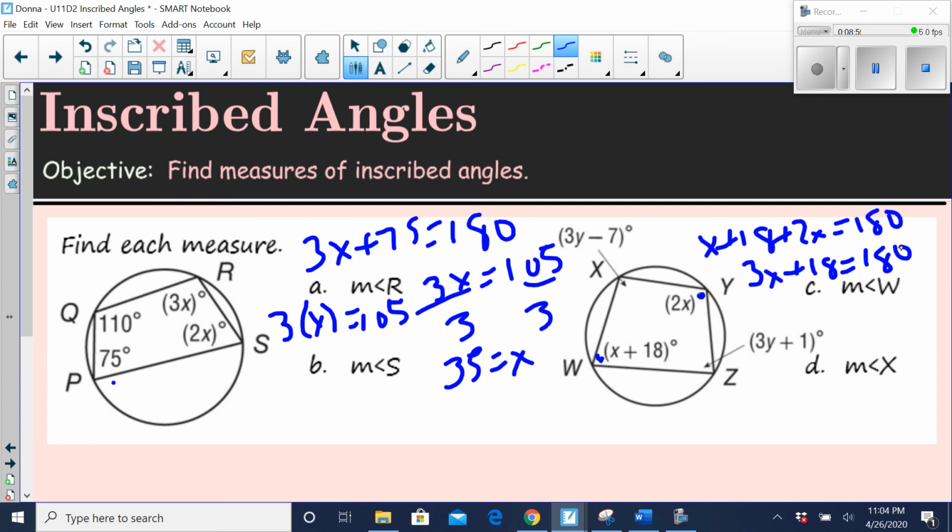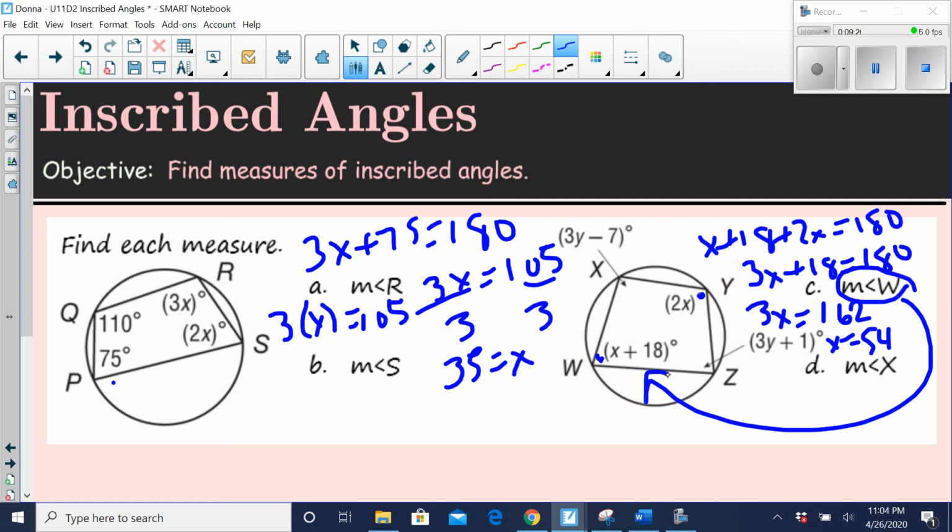If I subtract the 18, I get 3x equal to 162 degrees. And if I take 162 and divide by 3, I end up with x equal to 54. Now, one thing we have to be careful of is they ask for angle W. And angle W is actually x plus 18. So here I would have to say 54 plus 18. That would give me my angle W. So 54 plus 18 would give me 72 degrees.